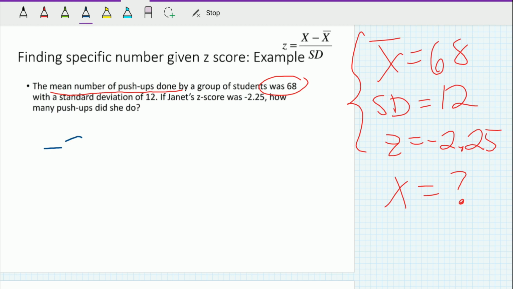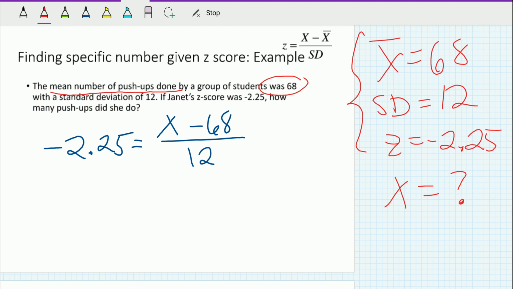So that means the equation is set up a little bit differently. So z-score is first, negative 2.25 is equal to her raw score, which we don't know, minus the average, which is 68, over the standard deviation, which ends up being 12. So this is already how it's different. I'm going to put this over 1. Sorry, this looks like a plus sign, but it's technically a little decimal.